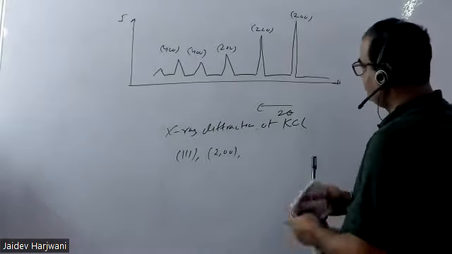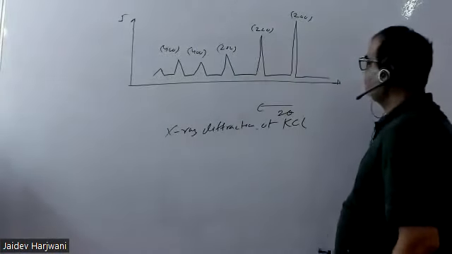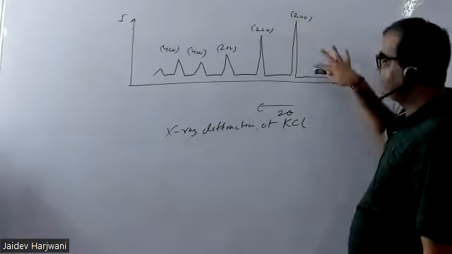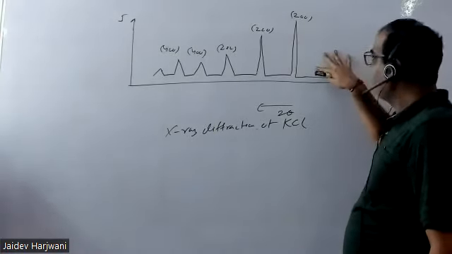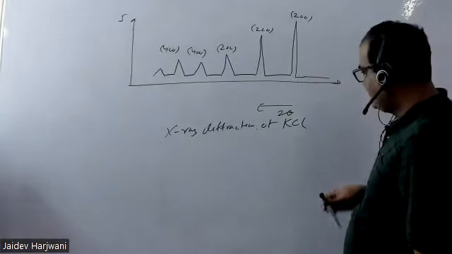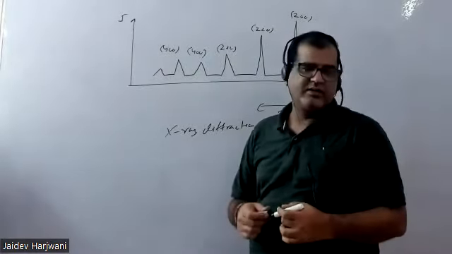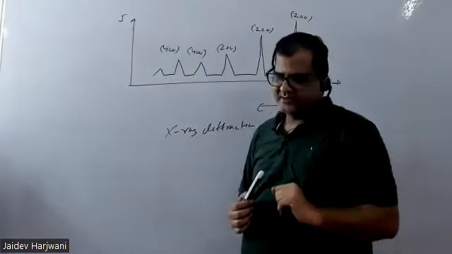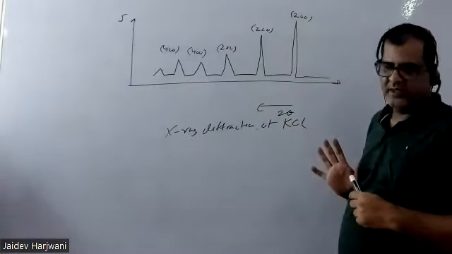So now, why is 111 not present? If you see NaCl, and even KCl or potassium bromide, generally this 111 peak is a very small peak, and the peaks corresponding to odd numbers like 311 are generally very small peaks. Now those peaks disappear in the case of KCl. Why?